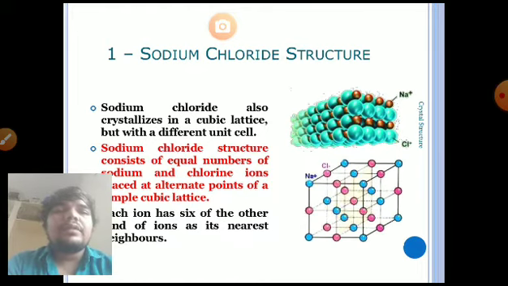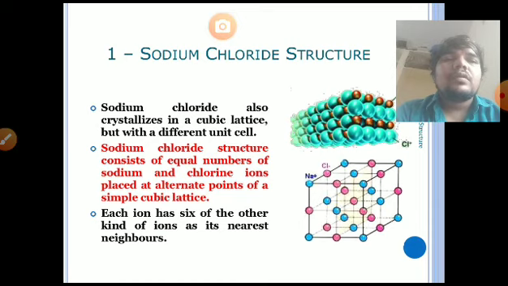Sodium chloride also crystallizes in a cubic lattice but with a different unit cell. The sodium chloride structure consists of an equal number of sodium and chloride ions placed at alternate points of the simple cubic lattice.